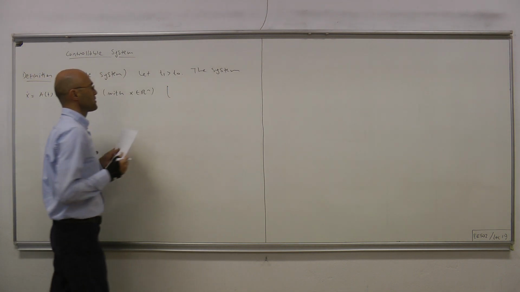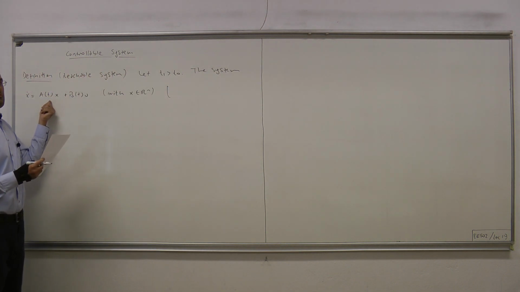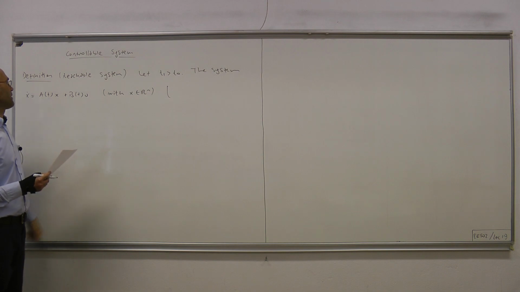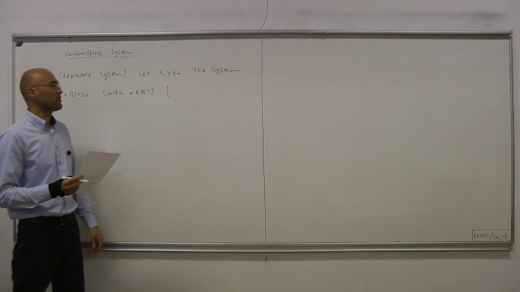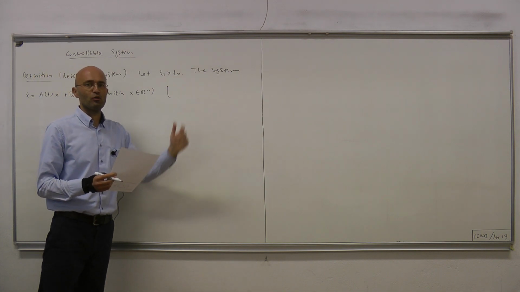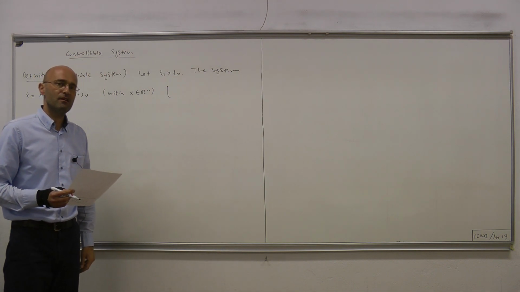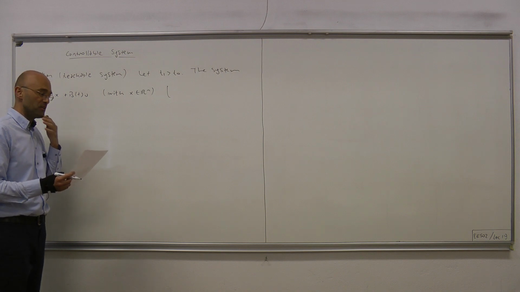Since this system is represented by the pair of matrices A and B, sometimes instead of saying the system is controllable, we say the pair AB is controllable. They mean the same thing.